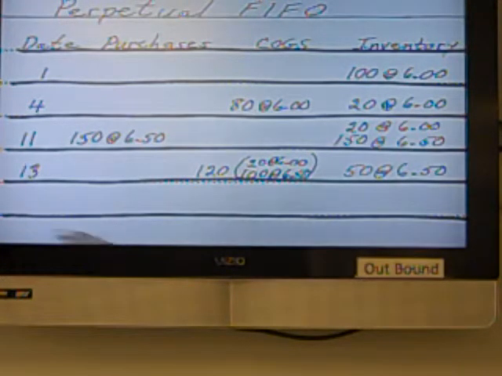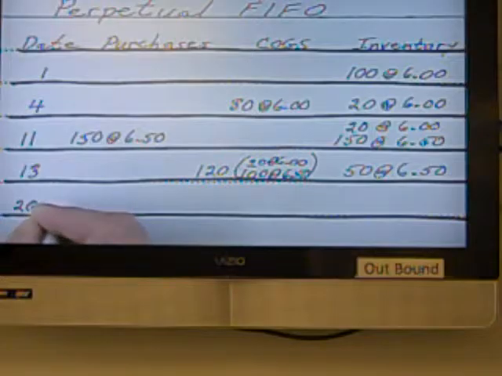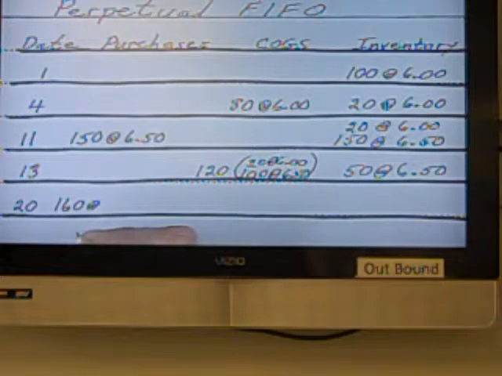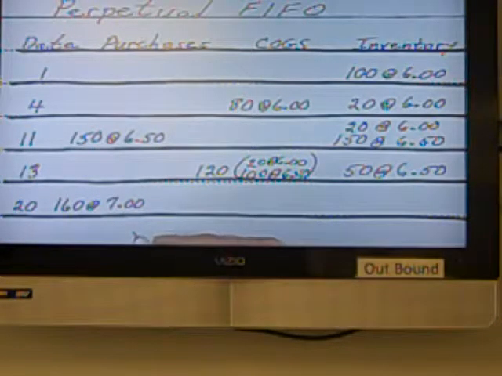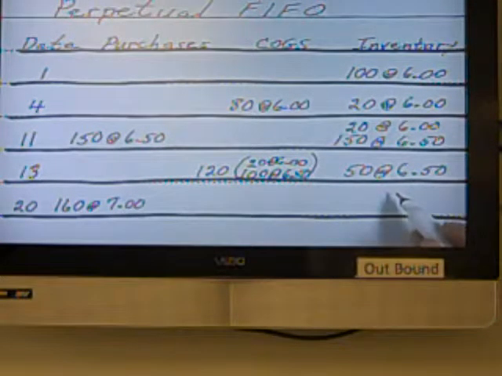Then on the 20th of the month, we made another purchase. We purchased 160. Those cost us $7 each, so that's 160 at $7. Now let's look at what we have in inventory at this particular point in time. We had 50 at $6.50.